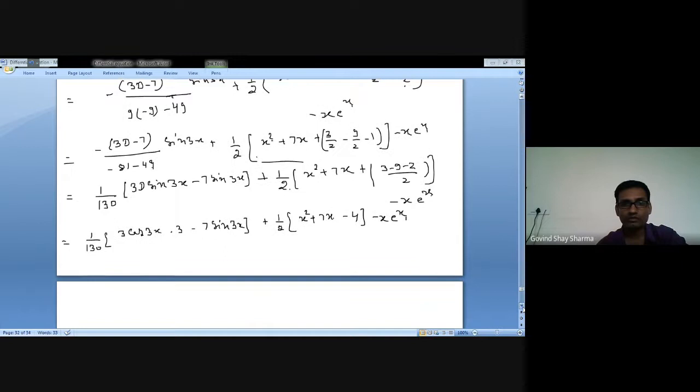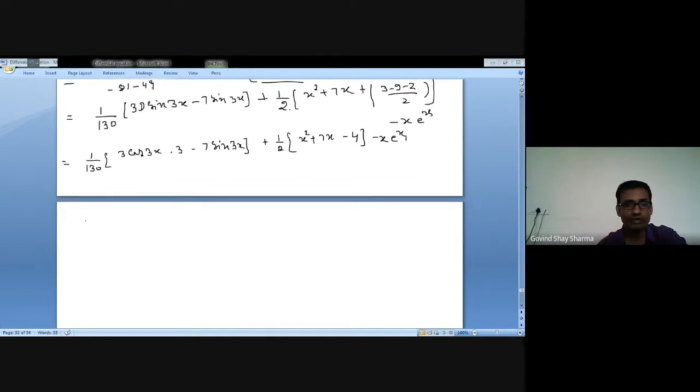So by simplifying, we get 1 upon 130, 9 cos 3x minus 7 sin 3x, plus half x square plus 7x minus 4, minus x e to power x.